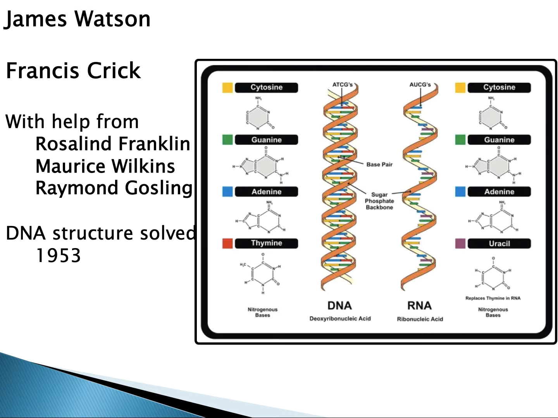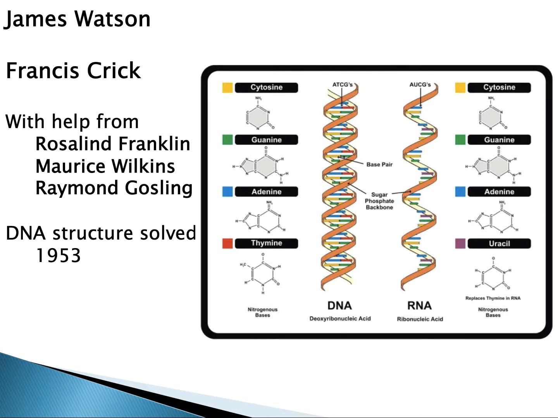And it was a double helix, anti-parallel strands of DNA running in opposite directions, carrying the 4 bases, A, G, C, and T in the center, and the sugar phosphate backbones on the outside of the molecule.